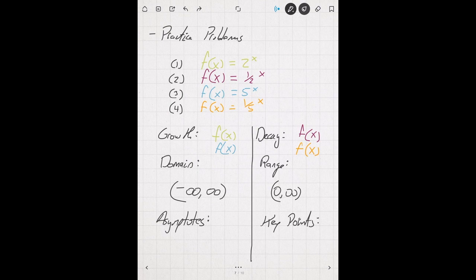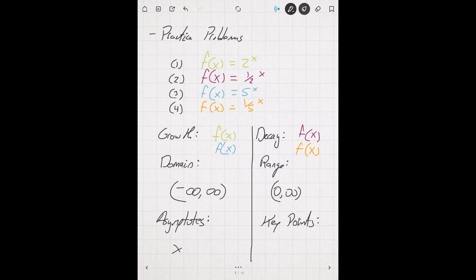Now let's talk about the asymptotes and any particular key points. Well, you should notice that all of these satisfy the definition of a standard exponential. So the asymptote would be, what values can you never achieve? What outputs can you never have? What area of the graph can your curve never cross?